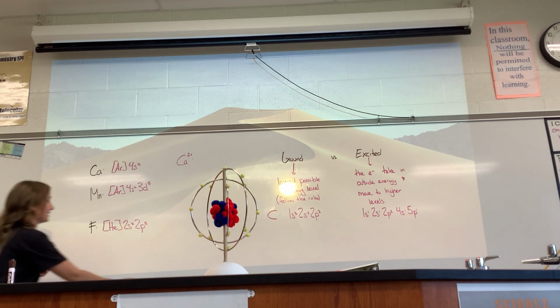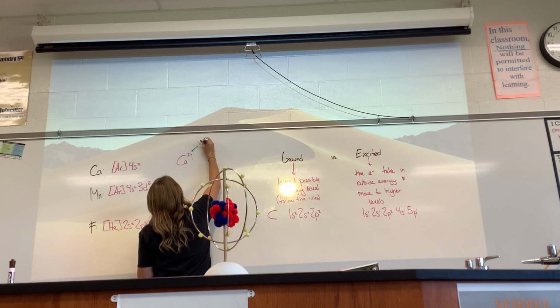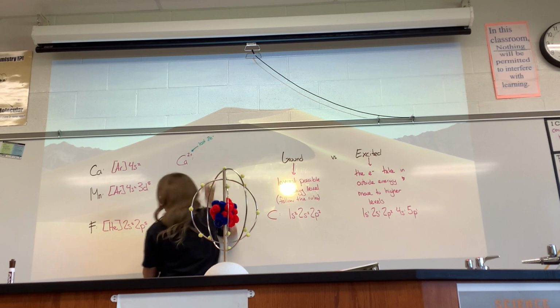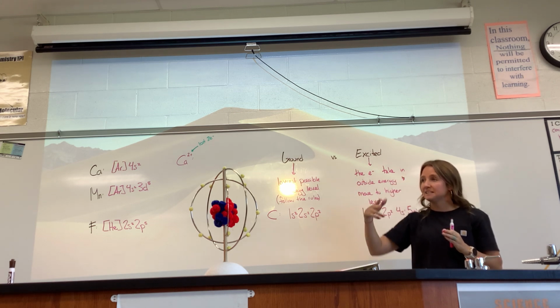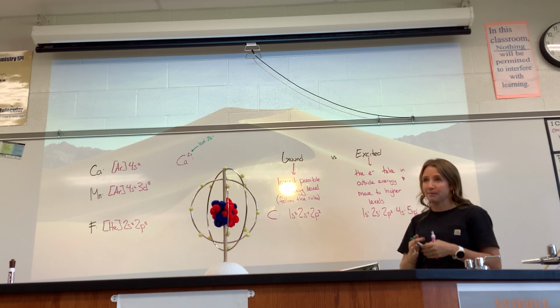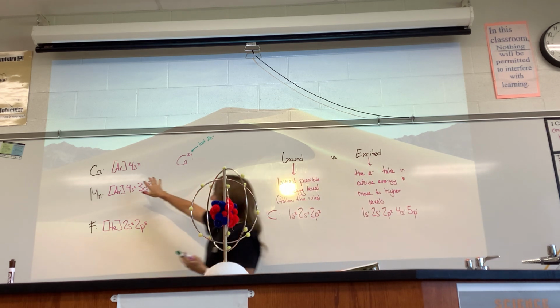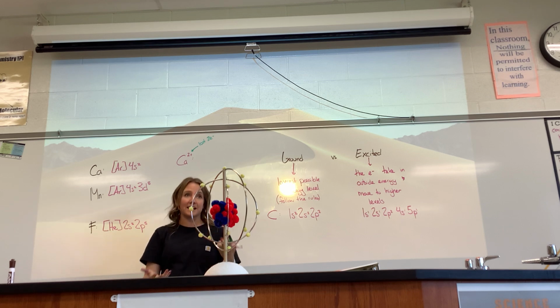It has less, which means plus 2 means lost 2 electrons. Two electrons were taken for bonding or whatever purpose, and they're not there in that calcium anymore. So the configuration should support how many electrons are actually there.